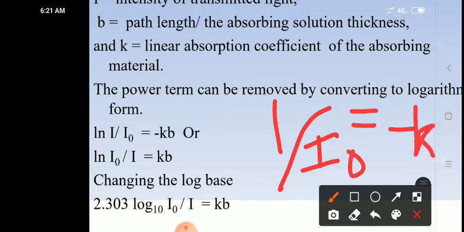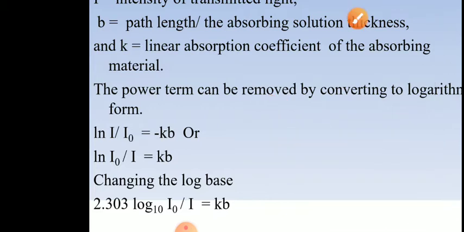Or, just reversing it, ln I0 upon I is equal to kb. So the expression is ln I0 upon I is equal to kb.